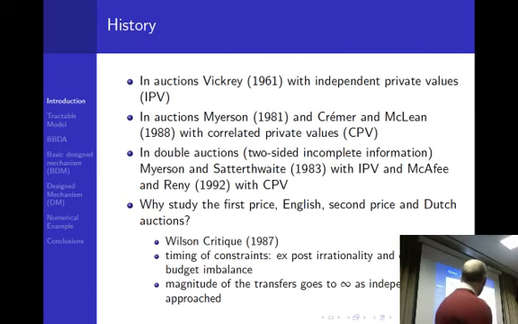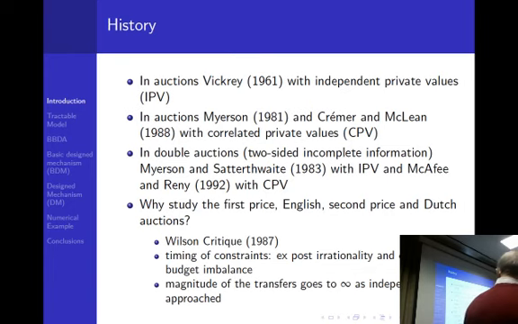Then McAfee and Reny in '92 said that these ideas of Roger and Crémer and McLean can be applied to this, and you really can extract full surplus by an appropriate auction design. And so we're going to build off this paper here.